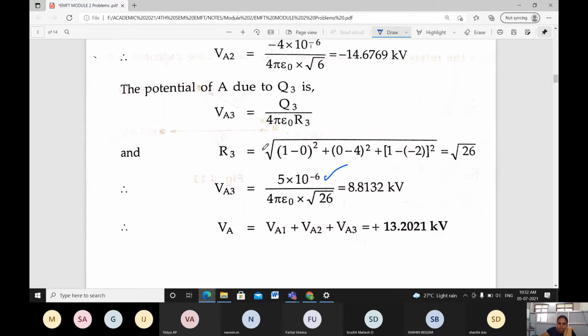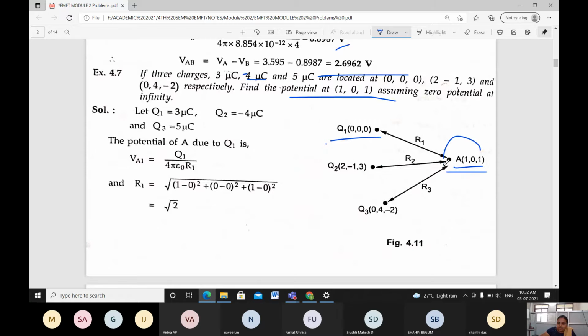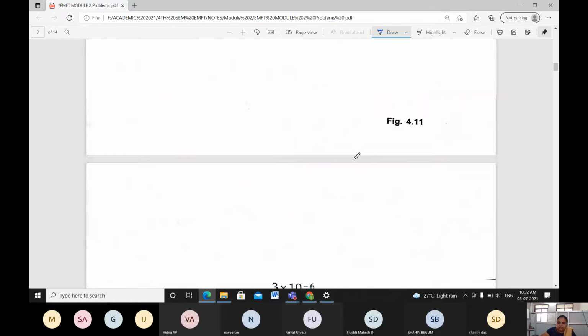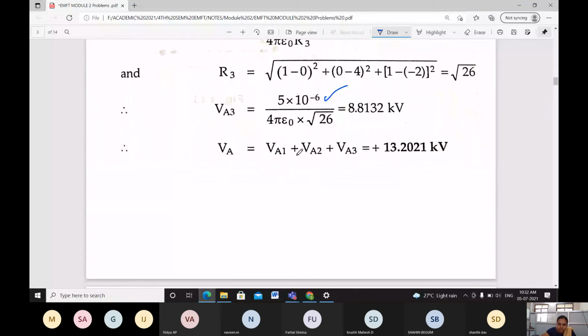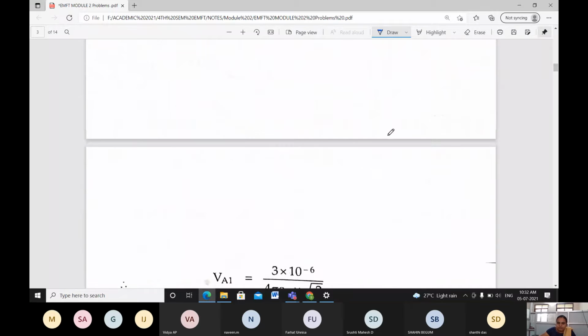Then what is the total potential at point A? What you have to do is add all three. When you add VA1, VA2 and VA3, you will be getting 13.2021 kilovolts. This is the value you will get.